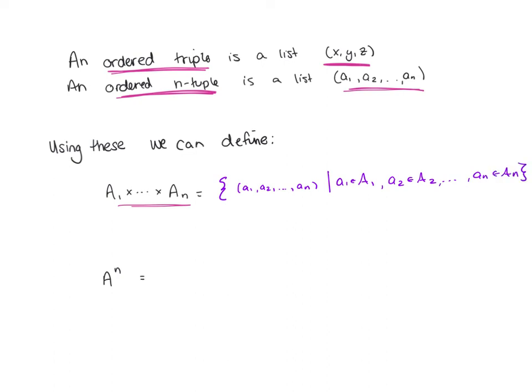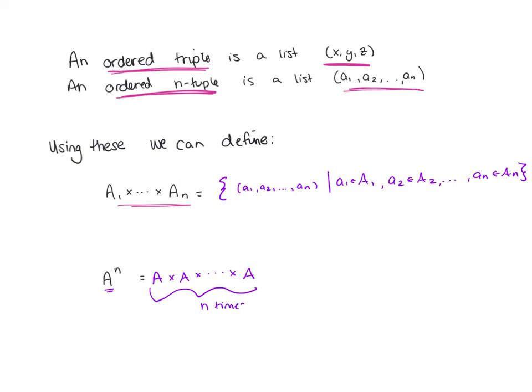So I can take the Cartesian product of any finite number of sets. If each of the sets are equal to each other, then A to the nth power just means the Cartesian product of A n times.